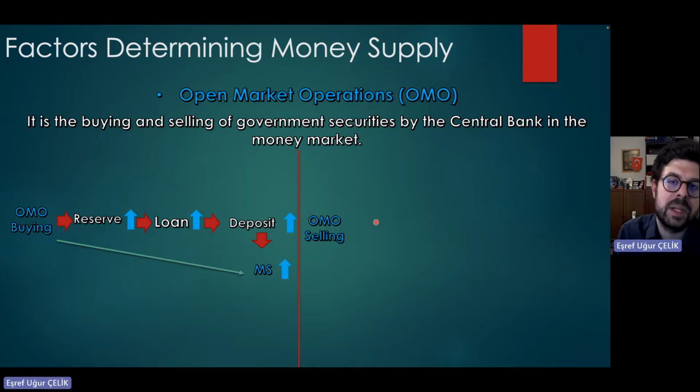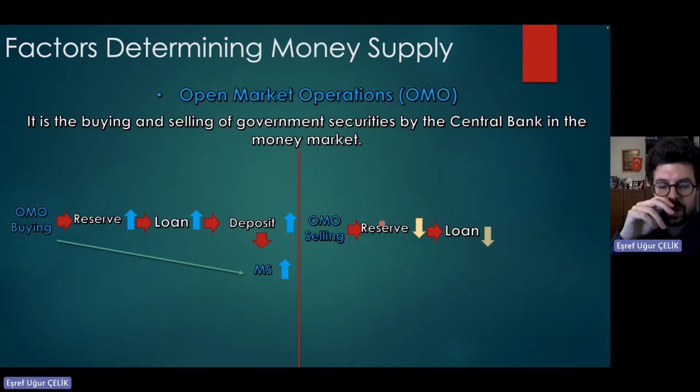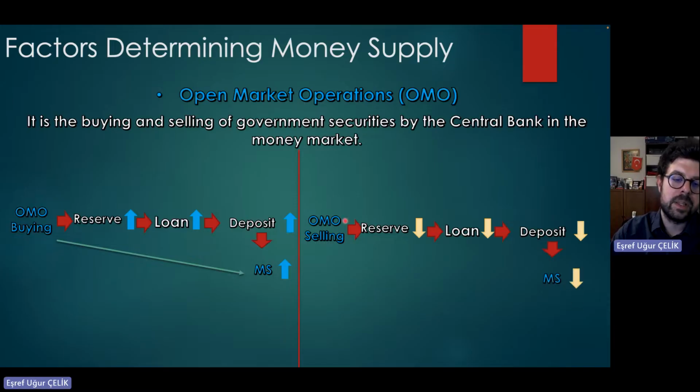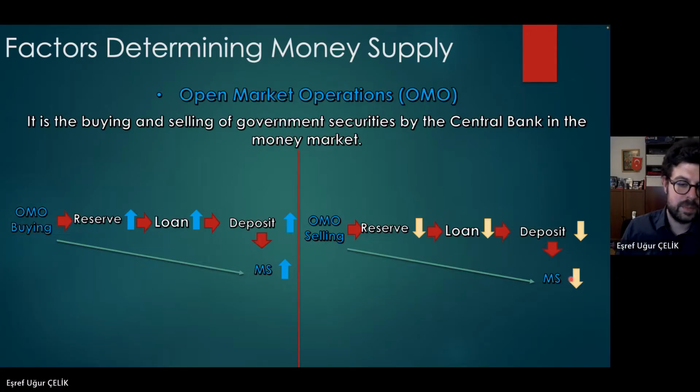So the money supply becomes low. How do they proceed? The reserves become low, the loans become low, the deposits also become low, and at the end, when open market selling is achieved, the money supply becomes lower. Okay, that's the first one, the open market operation.